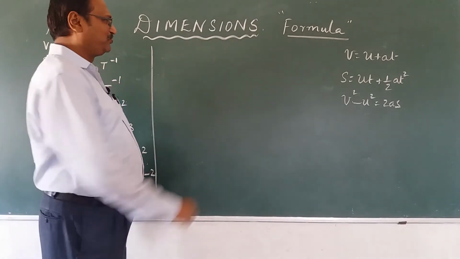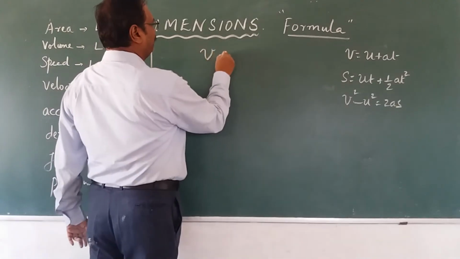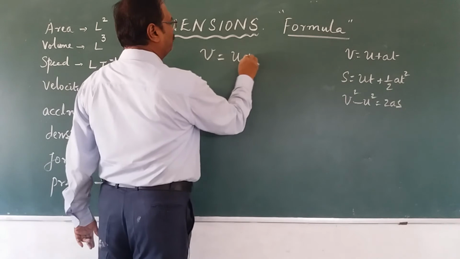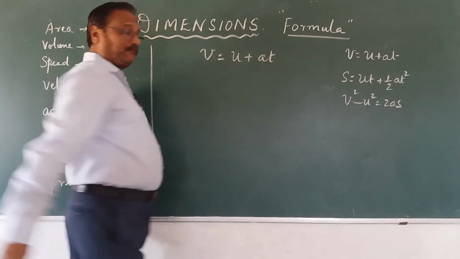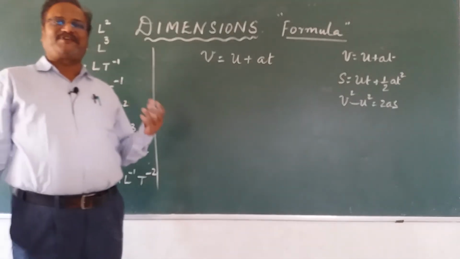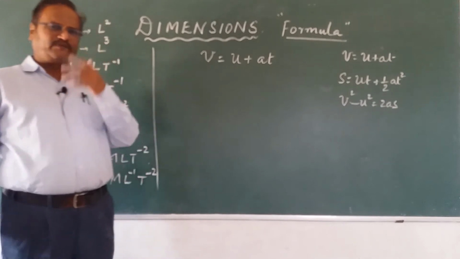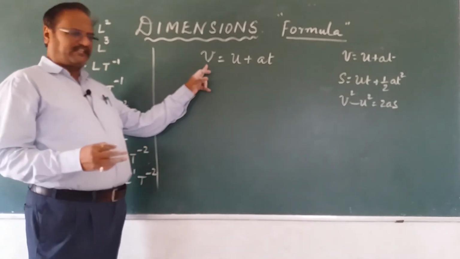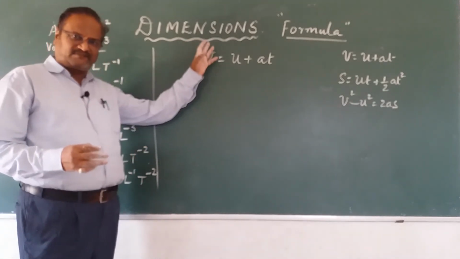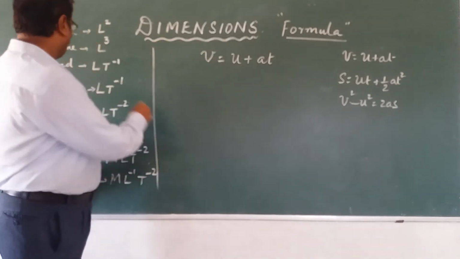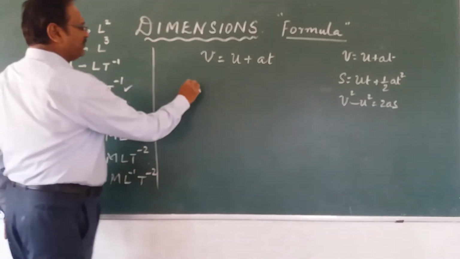Now I am going to take the first one, v = u + at, and check, is it dimensionally correct? So what we do, simple: final velocity is velocity. What is velocity? L t power minus 1.